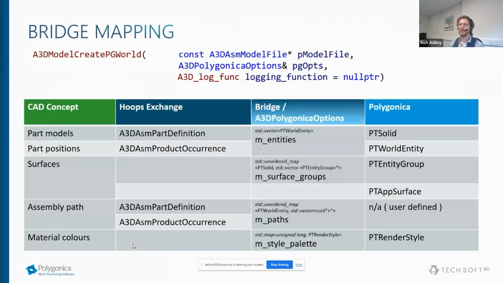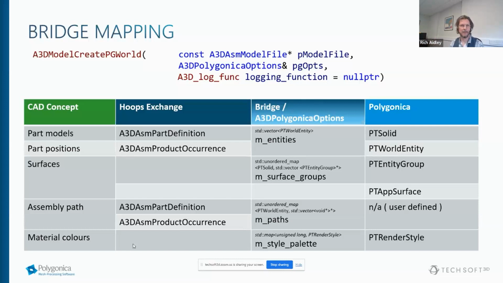And the way that this mapping happens is there's a very simple call, A3D model create PG world, which is a function that's in the header. You pass to it this A3D Polygonica options, which is the middle one of those parameters.